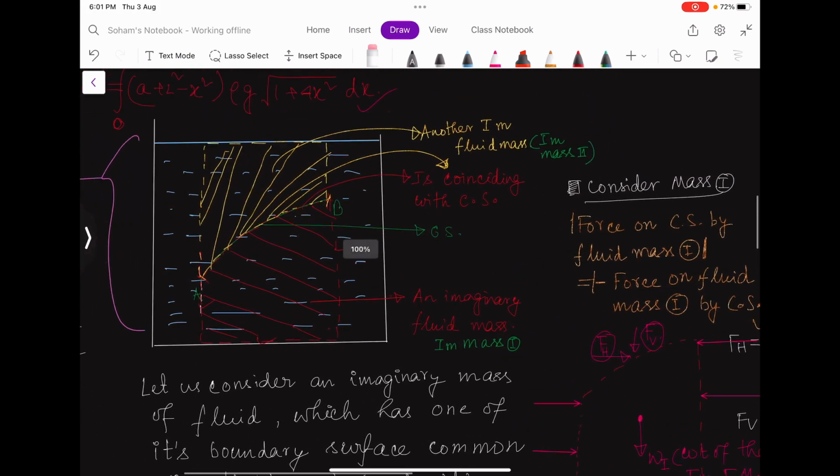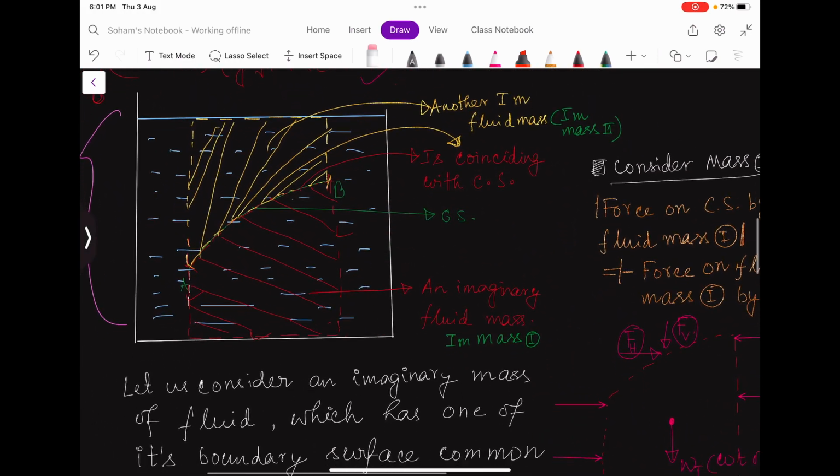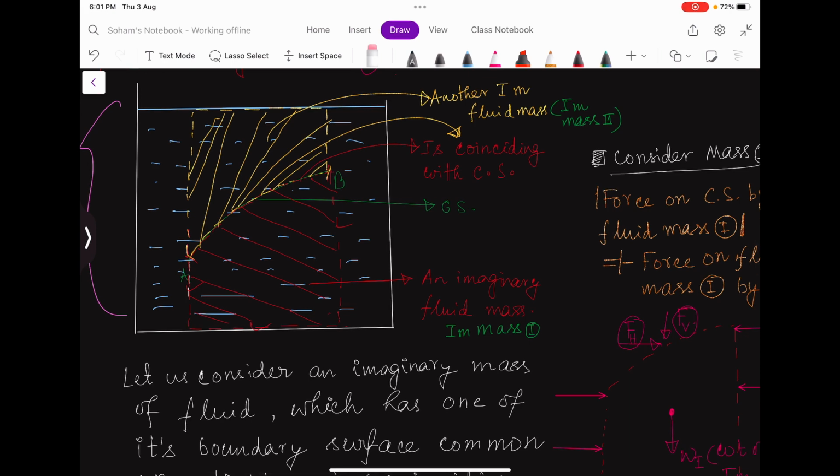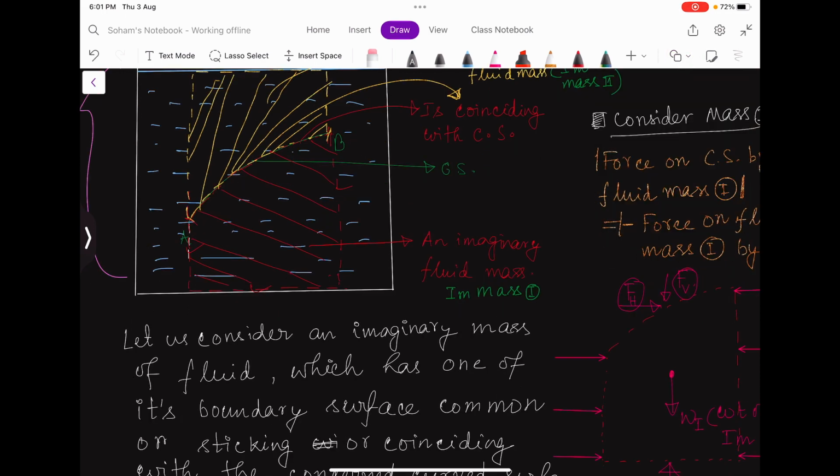So now come back to this figure. Just be very focused. R is this reaction, right? Let me change the color to avoid any confusion. So R is this reaction.